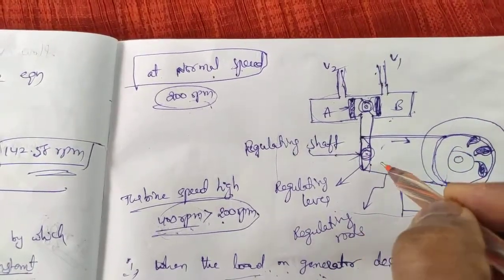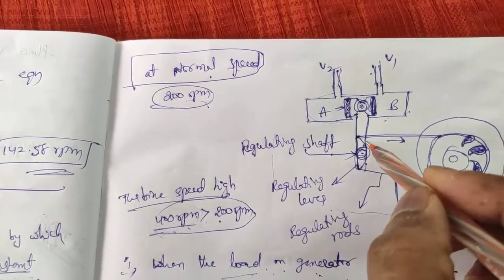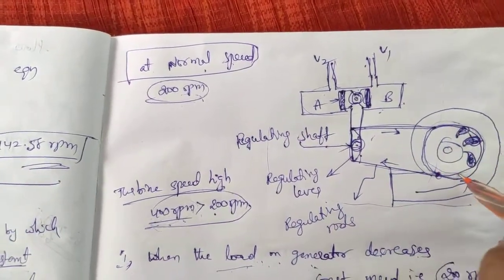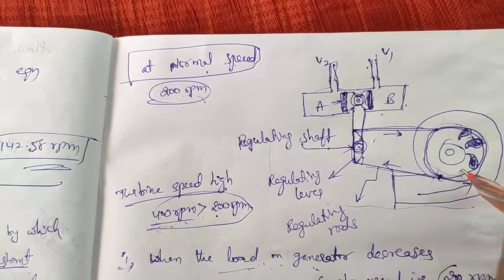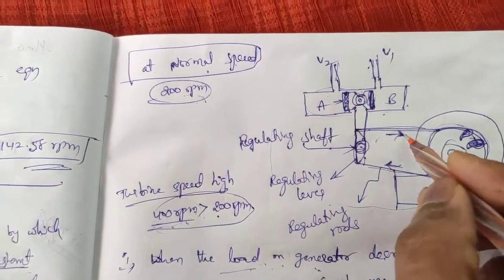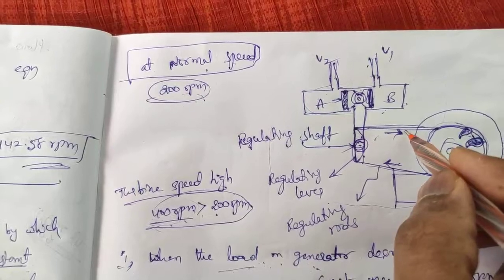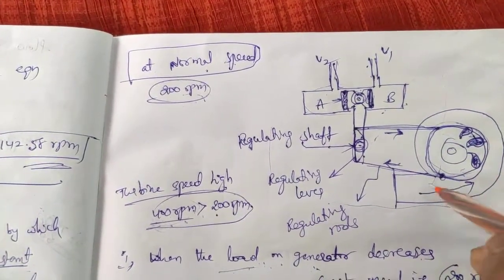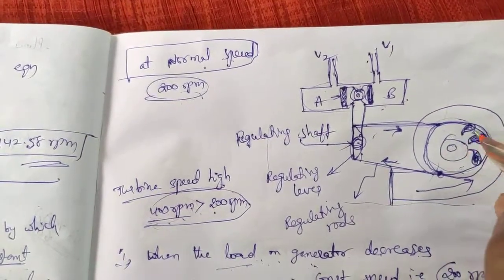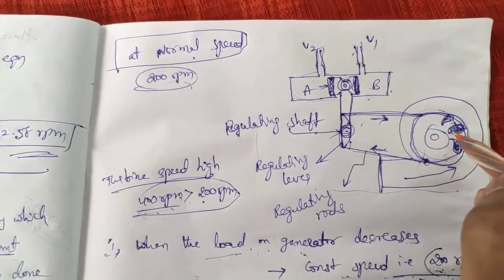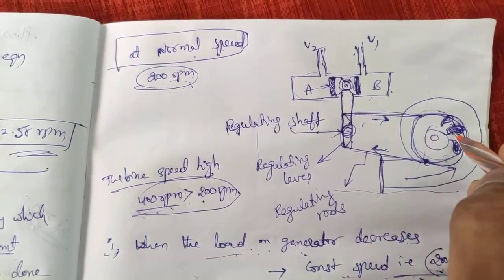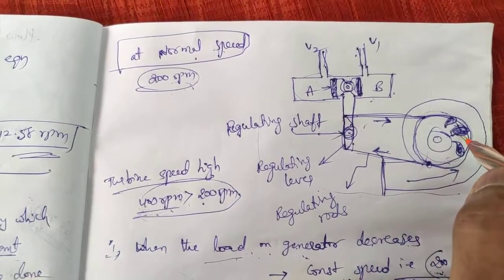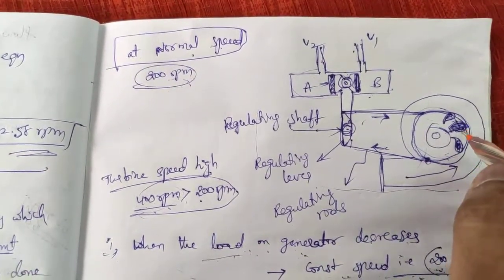This regulating shaft is connected with the lever, and through the lever movement we change the direction of the guide blades in the Francis turbine, so we can easily move left and right. So by changing the direction of flow in the Francis turbine, the speed will be increased or decreased according to the angle of the guide blade.